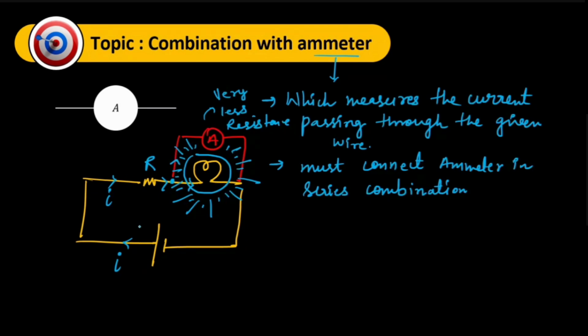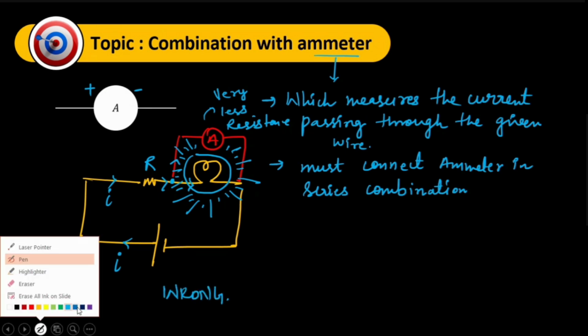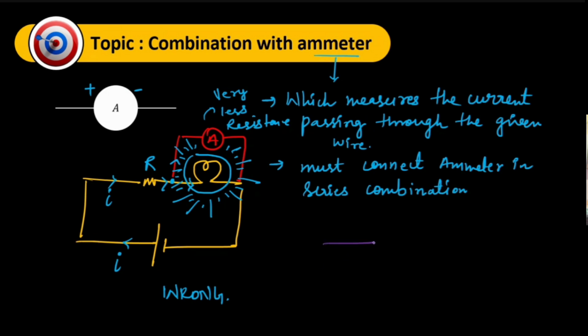So again, remember the basics that it must be connected in series combination like this. So this is the resistance, or you can say the component, a bulb is connected, and then we must apply the ammeter.